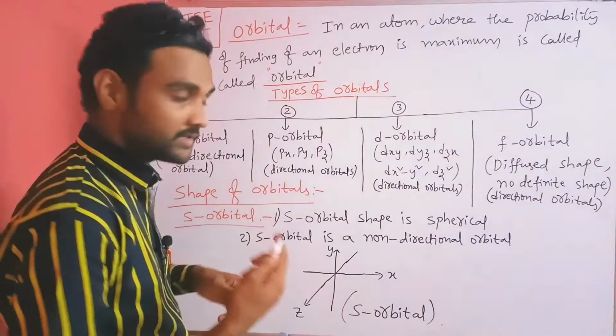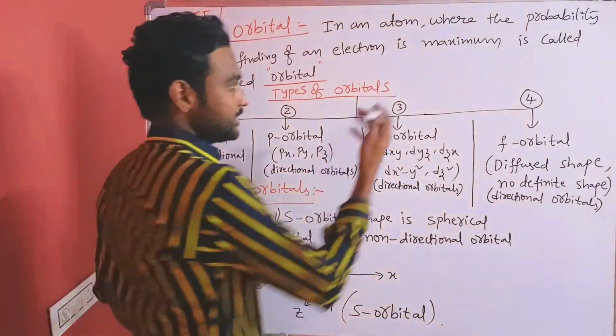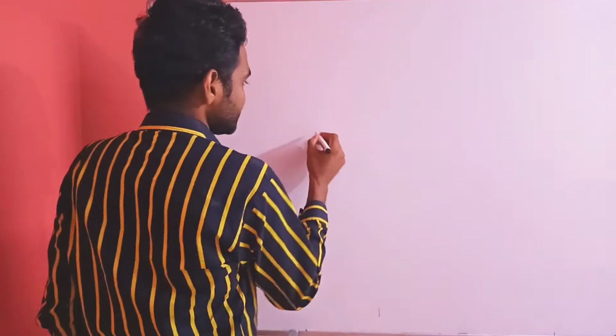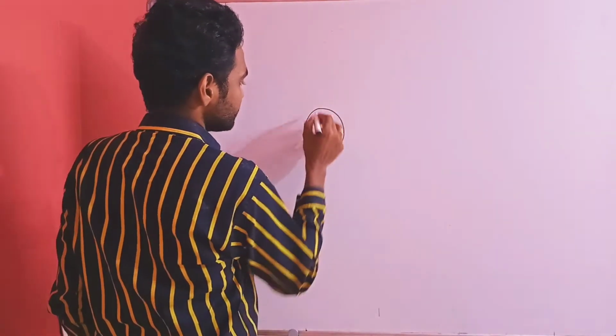Now what is the difference between orbital, orbit and subshell? See, let me discuss. Now let me explain the differences between orbit or shell, subshell and orbital. For example, let us take one atom.